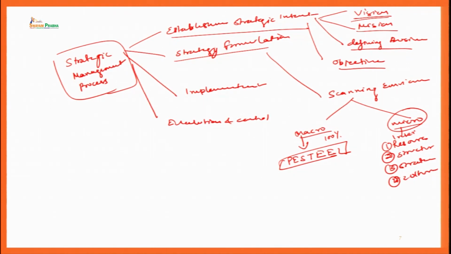This internal environment is assessed on the basis of the resources that you are holding: is it valuable enough to invest in those resources or not? The structure of the organization we are going to cover in the upcoming slide, and the strategy of your organization when you are taking a decision of moving to the international market. And the culture of the country where you are taking a call has to be understood, scanned well, taken care of, and noted before giving a call of moving into the international market.